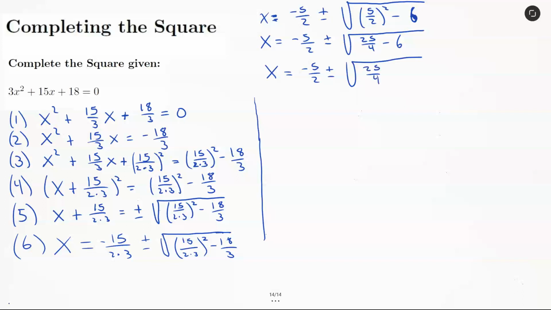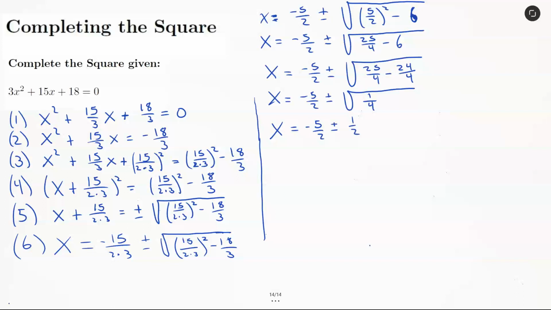I'll get a common denominator of 4, and that'll become 24. 6 times 4 is 24 over 4. So we have x is equal to negative 5 over 2, plus or minus the square root of 25 minus 24 is 1 over 4. Good. Now, the square root of 1 over 4, the square root of 1 is 1. The square root of 4 is 2, so you have plus or minus 1 over 2.